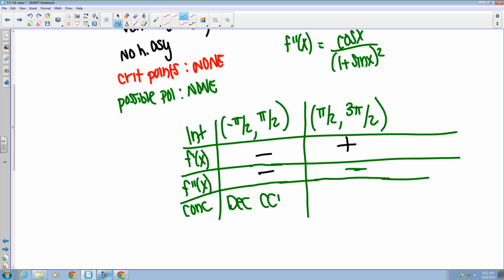Decreasing, concave down, increasing. I'm sorry. Let's do this one more time. First derivative, decreasing, decreasing, increasing, decreasing. That is better. So decreasing, concave up. And then decreasing, concave down. So we are decreasing on the entire domain.